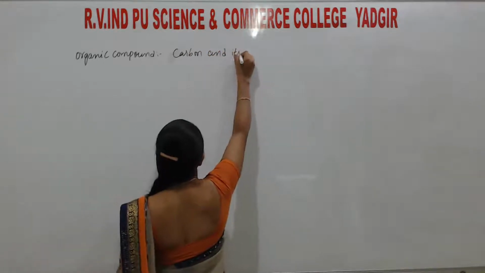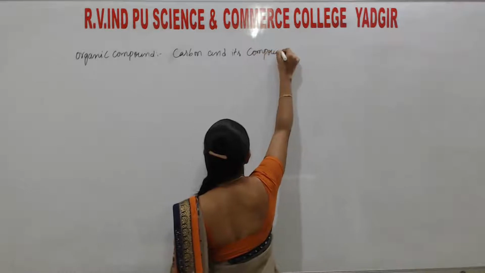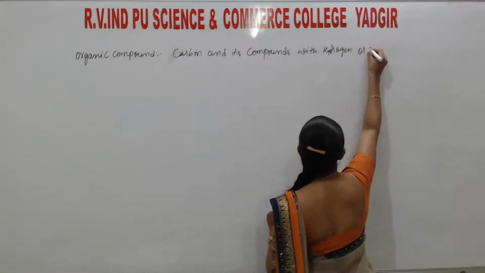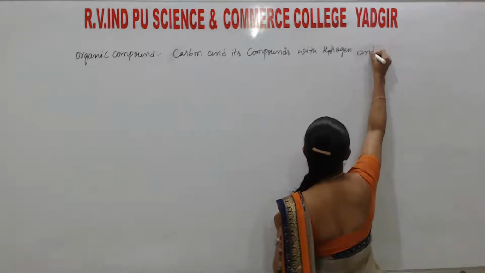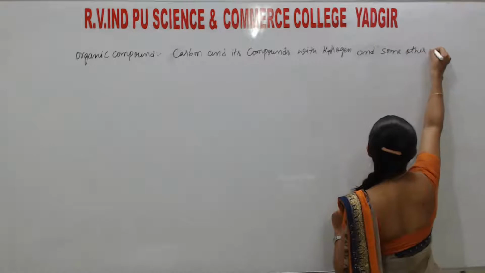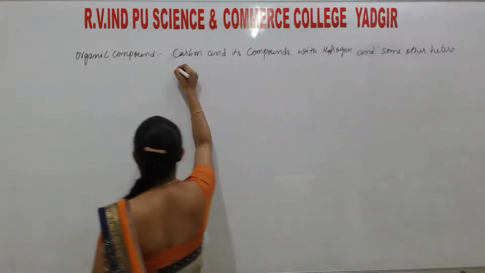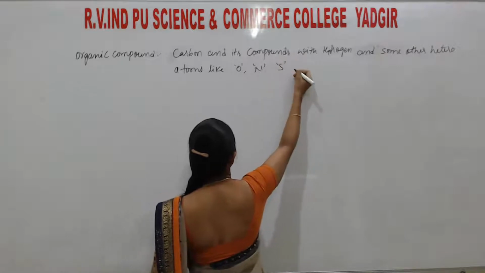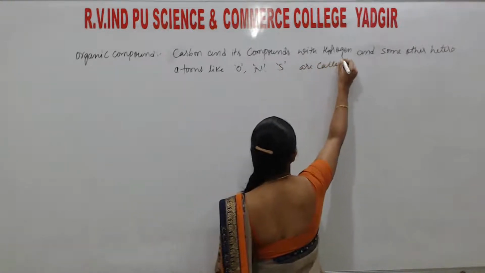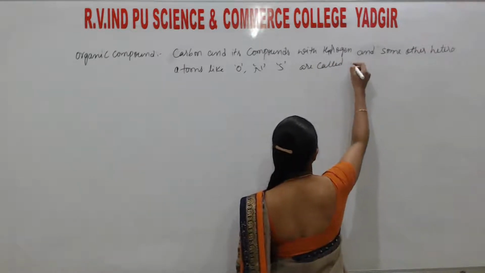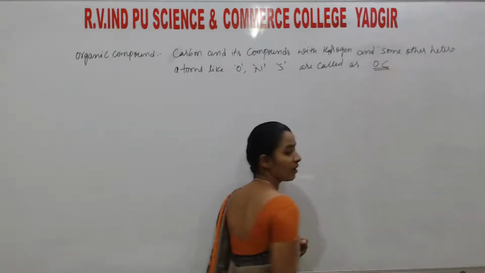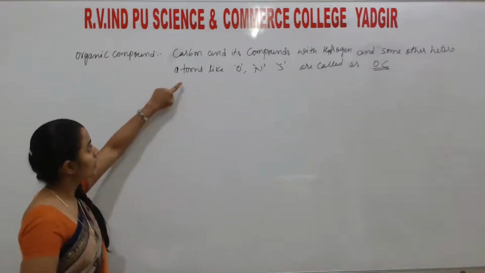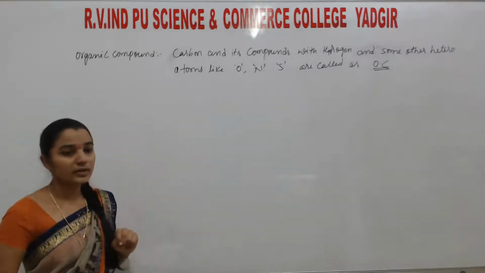Carbon and its compounds with hydrogen and some other heteroatoms like oxygen, nitrogen, sulfur are called organic compounds.